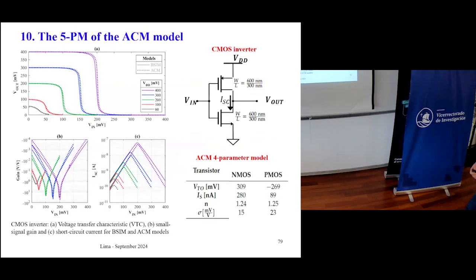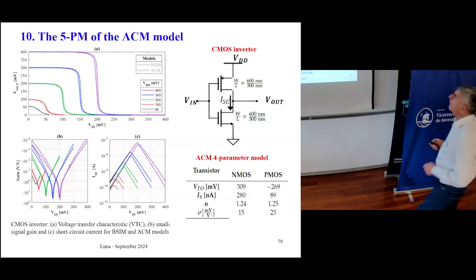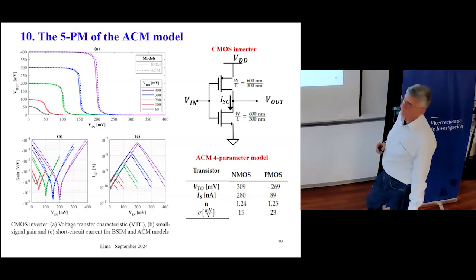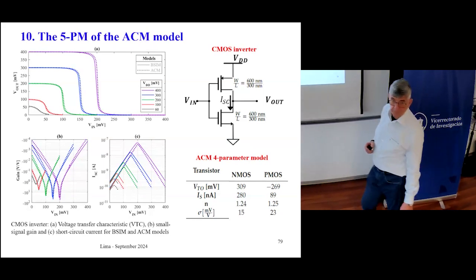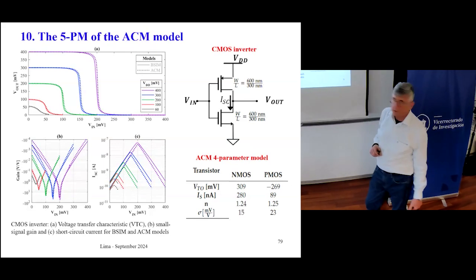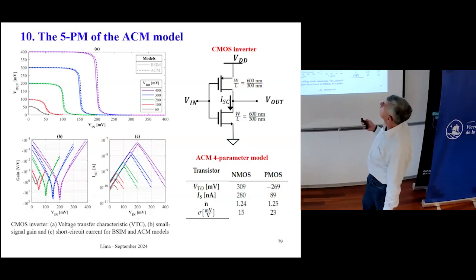This is another example of the application of the five parameter model. In this case, you have several inverter transfer characteristics. This is V out versus V in for a CMOS inverter.